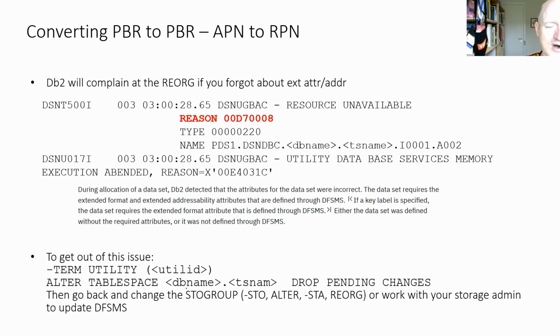Then you would have to drop the pending change for the RPN migration. And then you'd have to go back to the previous slide and move it into another stogroup using the stop, alter, start. Or alternatively, you would have to work with your storage admin to update SMS for the existing stogroup, and then you would have to REORG to pick that up.